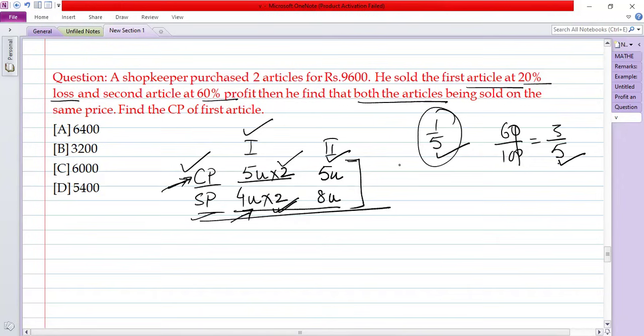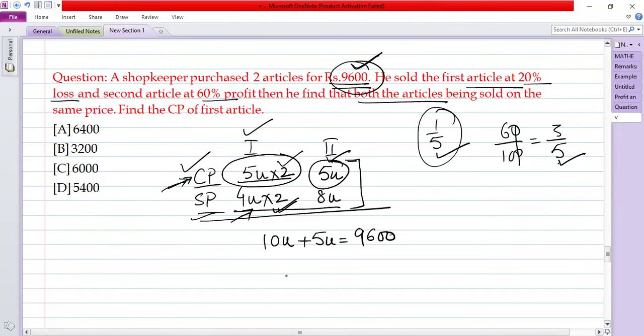So here it is given that the total cost price of the two articles is 9600. So that means 10 unit plus 5 unit, that must be 9600. So here it is 15 unit, that will be 9600.